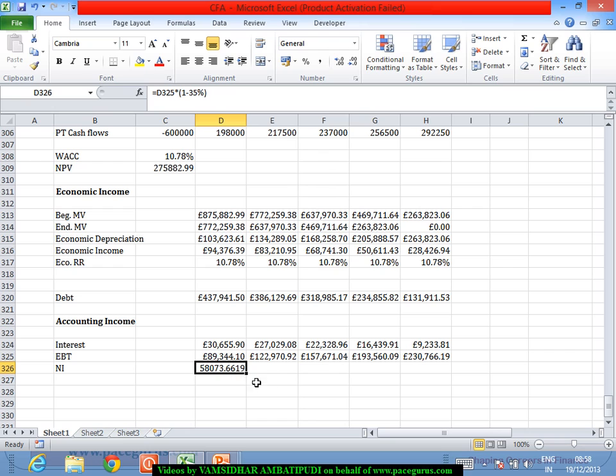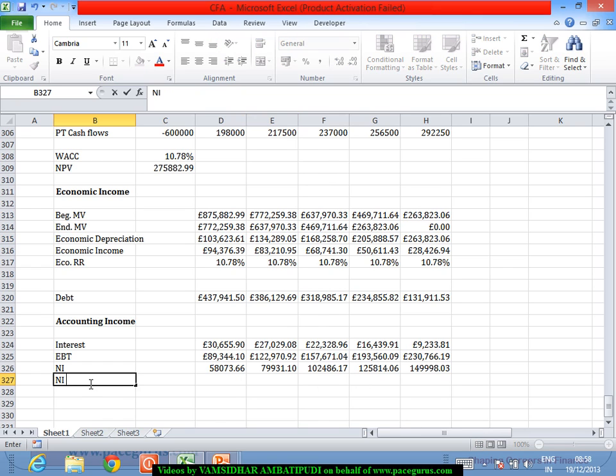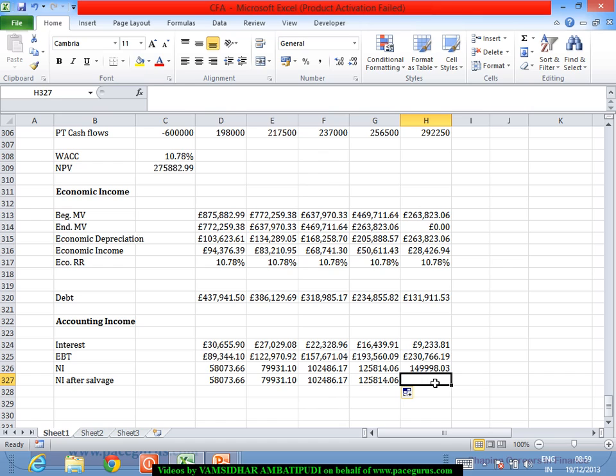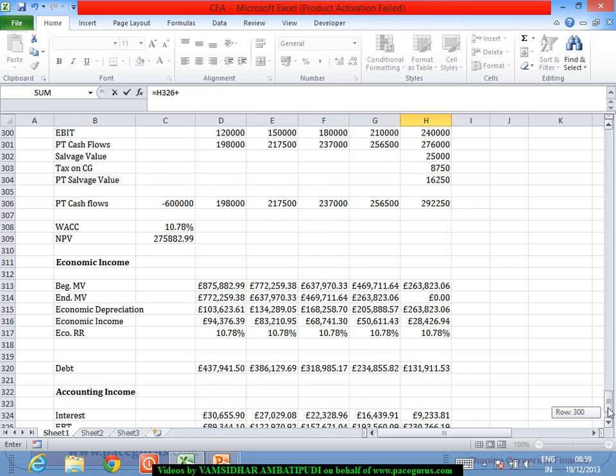This is the accounting income, before the salvage. Net income after salvage is more or less the same for each of the years, but only for the final year I add the post-tax salvage value to this net income.